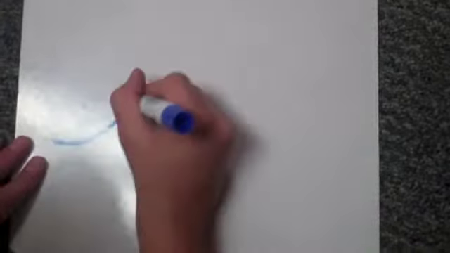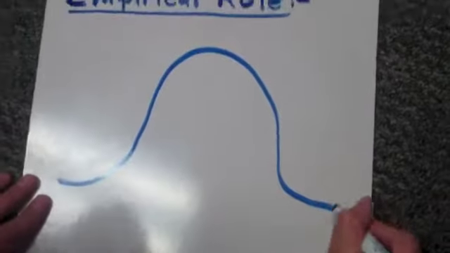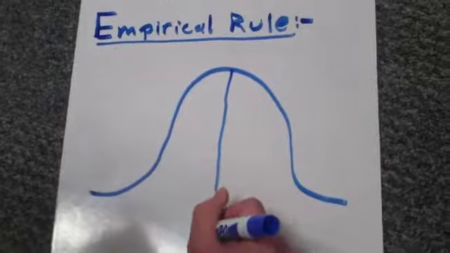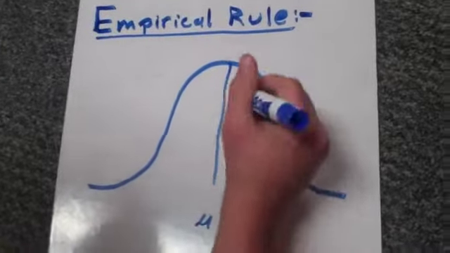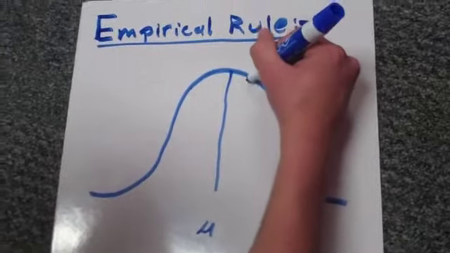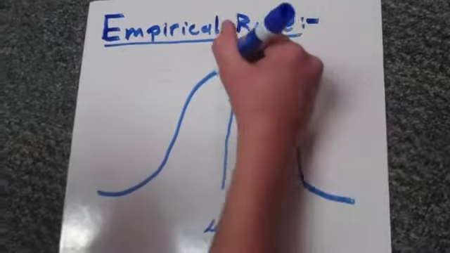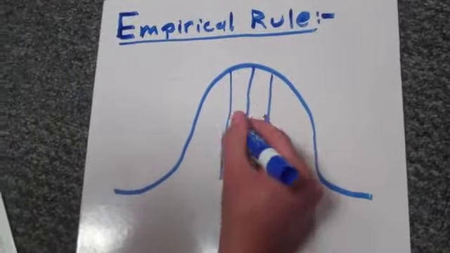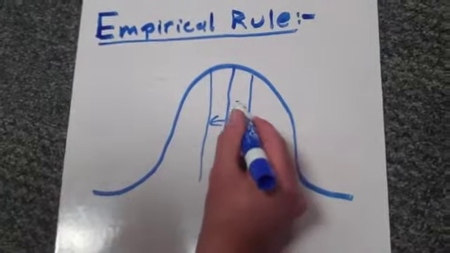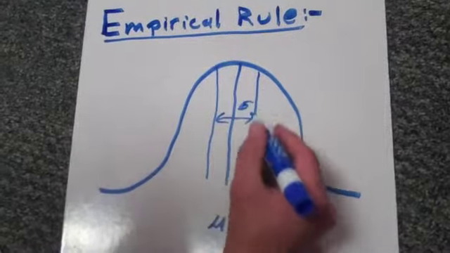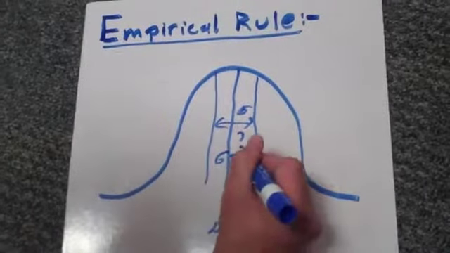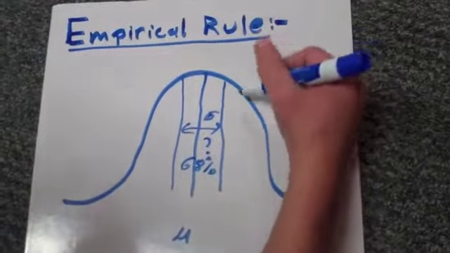We have our normal curve right here, with this being our mu. Now, here and here, we are 1 standard deviation away from the mean. And how much is that? That's 68% of our data. If you got that right, good job.